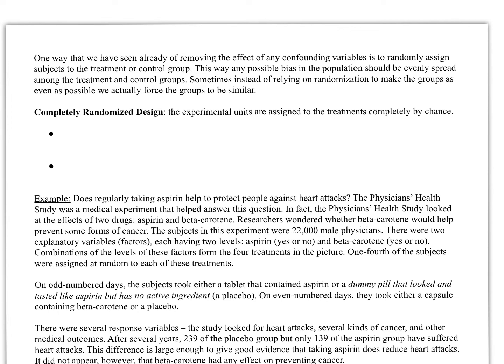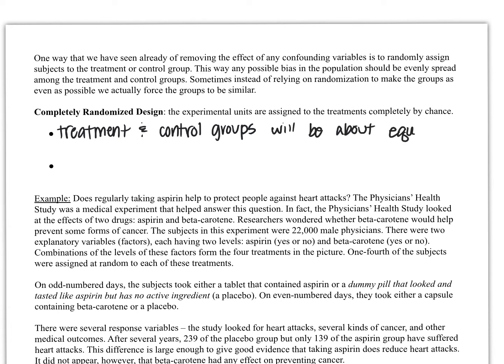So there's two things that happen if we have completely randomized design. So the experiment units are assigned to the treatments completely by chance. One of those is that treatment and control groups will be about equal in size.